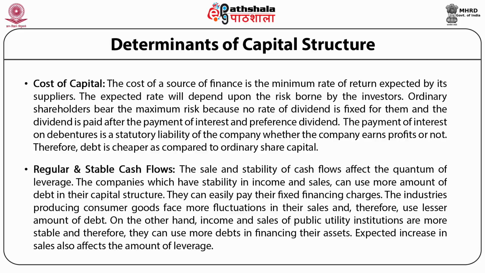The industries producing consumer goods face more fluctuations in their sales and therefore use lesser amount of debt. On the other hand, income and sales of public utility institutions are more stable and therefore they can use more debts in financing their assets.